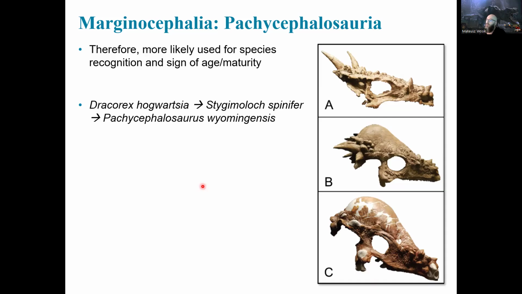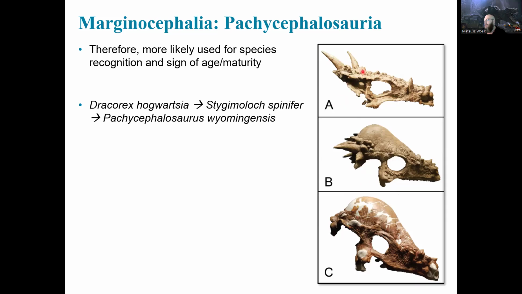For a while, at one point, we thought that something called Dracorex was a completely different species, shown at the very top, from something called Stygimoloch in the middle to Pachycephalosaurus here on the very bottom. They're all part of the group of Pachycephalosauria. But eventually there was some research done by various different individuals to identify that actually this is more of a continuation of a life cycle.